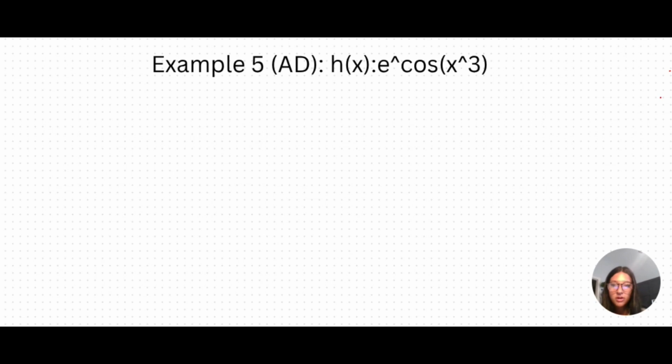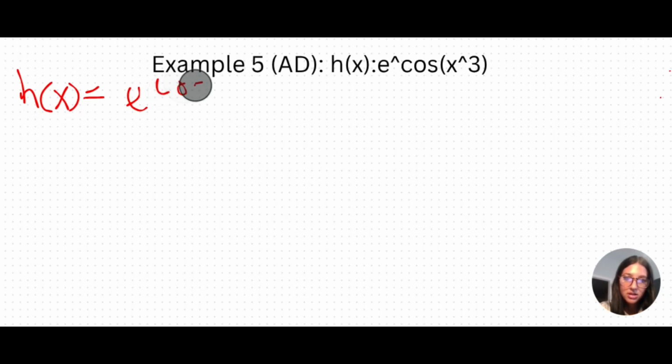Okay, and we're back with our final example. So this one is a bit more advanced because it is a 3-way chain rule. So let's rewrite our function. Okay, so we have h of x is equal to e to the power of cos x to the power of 3.